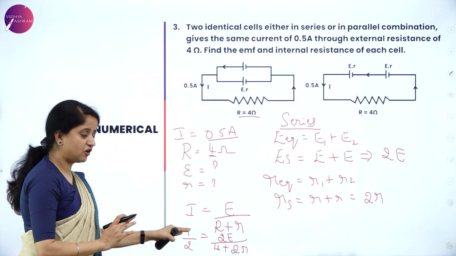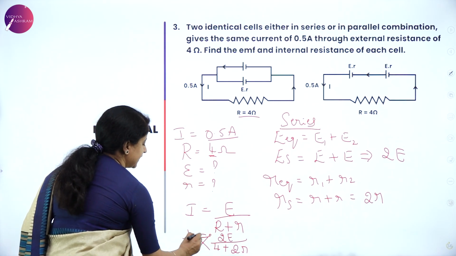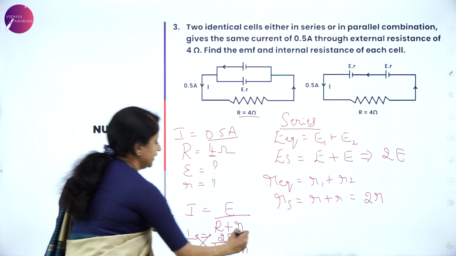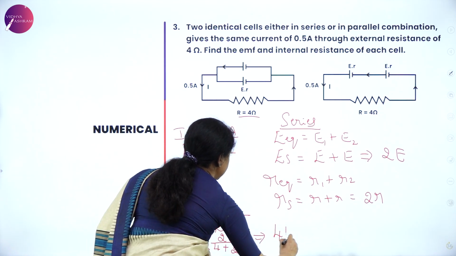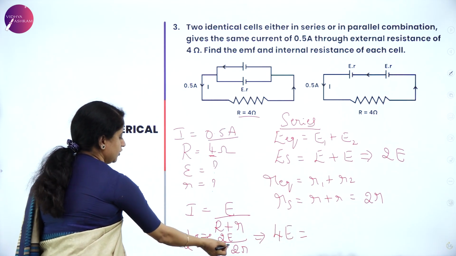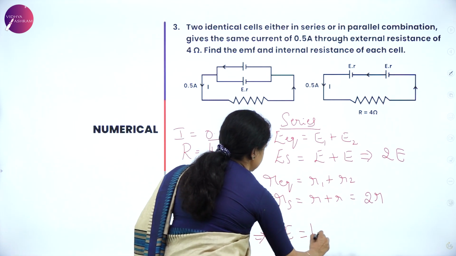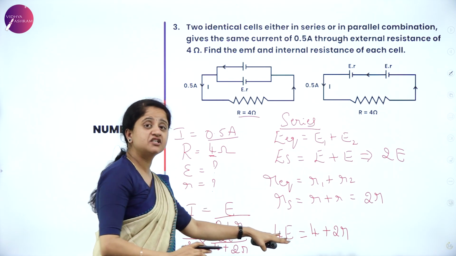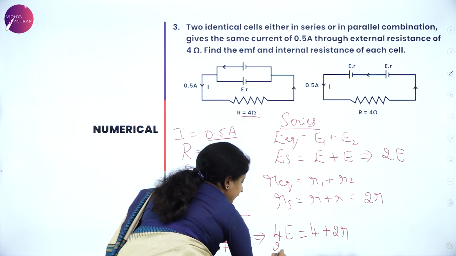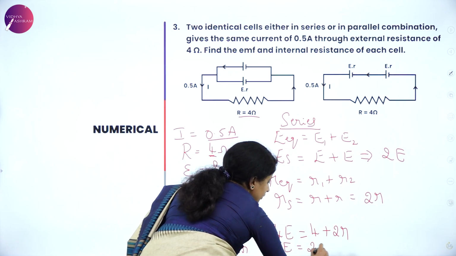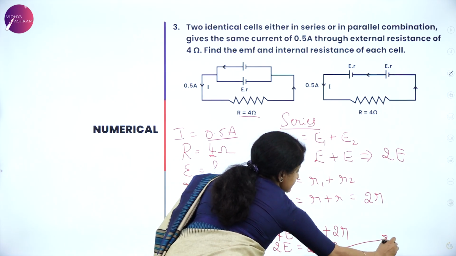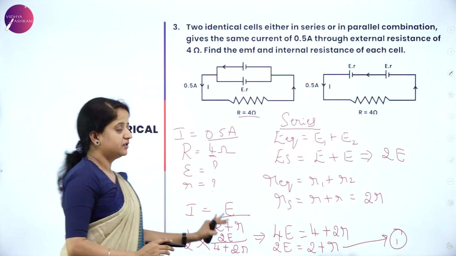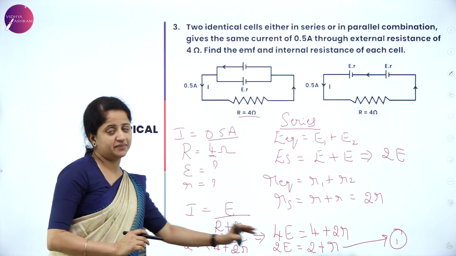Now let us cross multiply this and write an equation. 2 into 2E becomes 4E is equal to 4 plus 2r into 1. Dividing this equation by 2, we get 2E is equal to 2 plus r, and this is my equation 1. This is for a series combination.